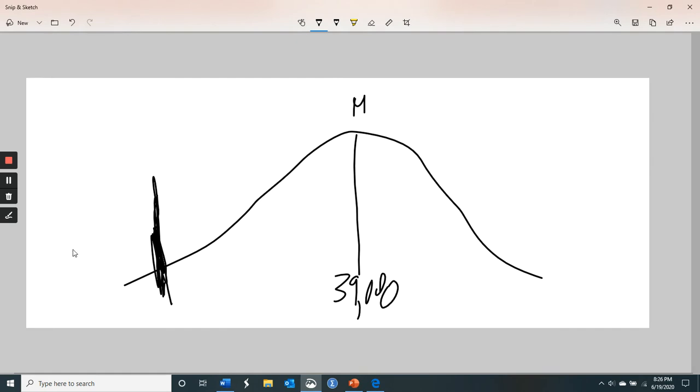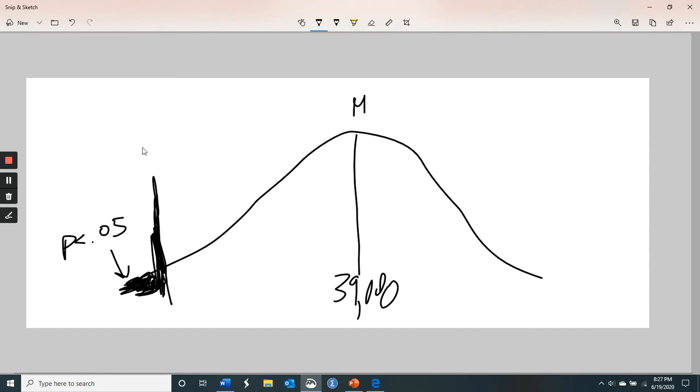Well, our alpha is the probability of us just by chance finding an average salary for our sample so much less than 39,000, there's only a 5% chance that it's due to luck. So there's a very small chance that it would be due to luck if we cross this line. So there's only 5% of scores over here in this area, as we saw from the z-table.